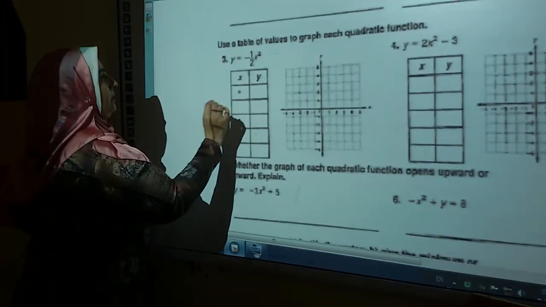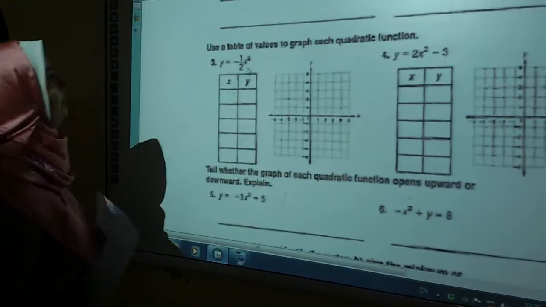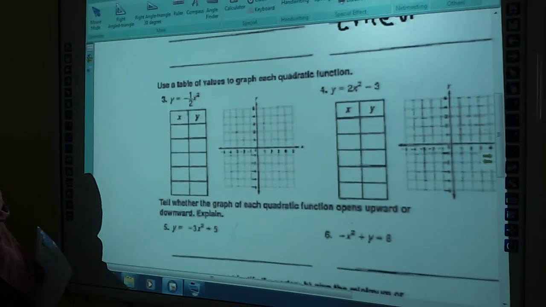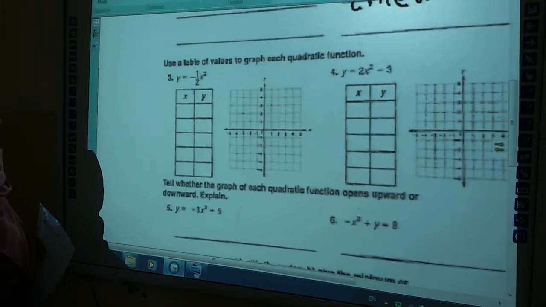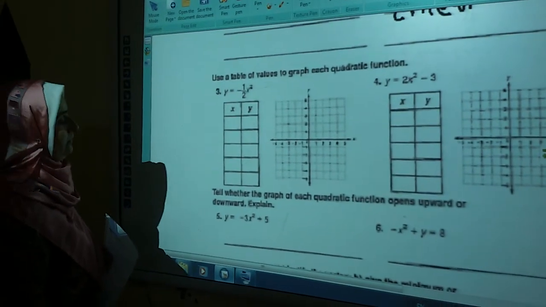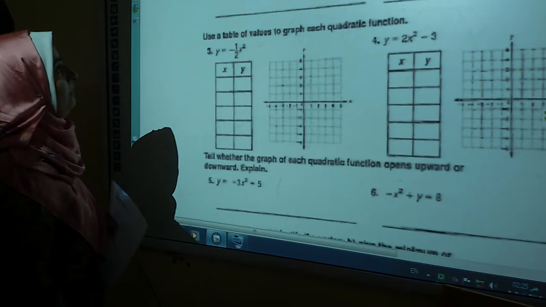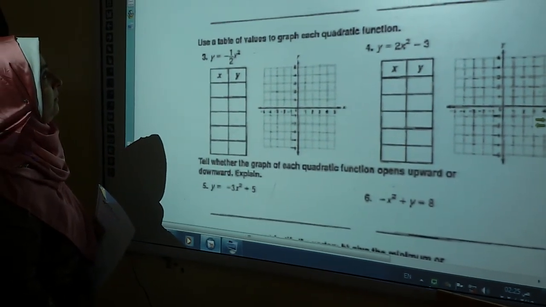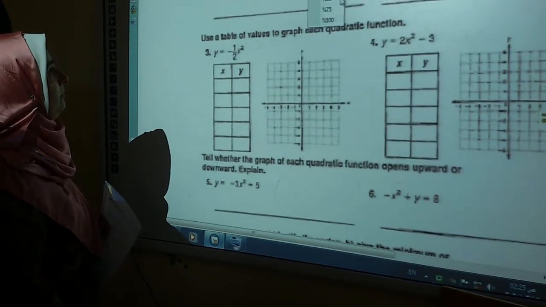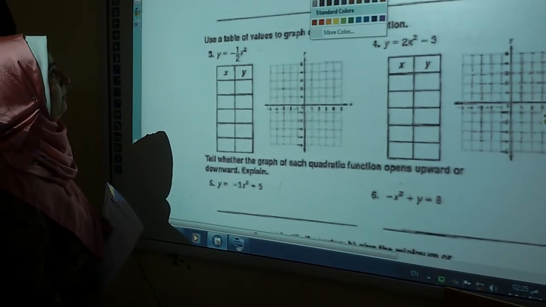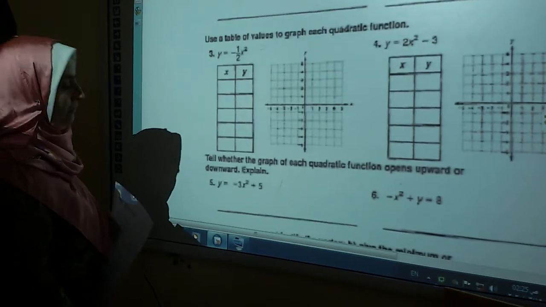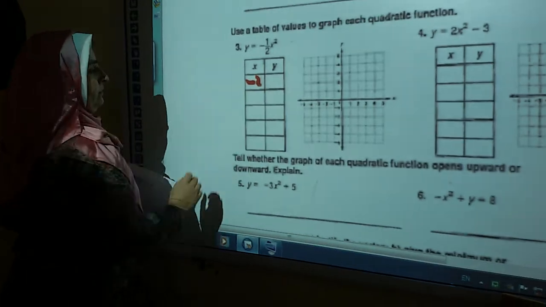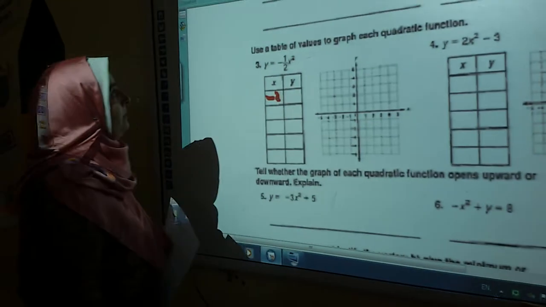Let's start from -1 and go till -2. Let's change it a little bit.